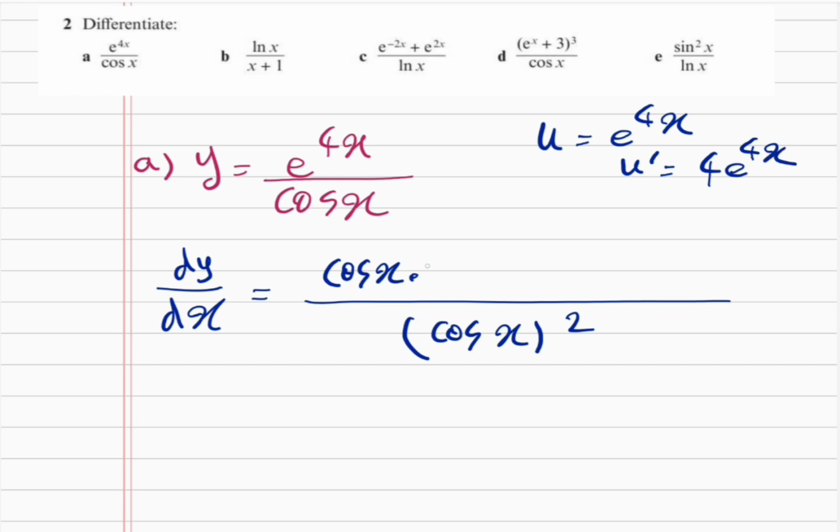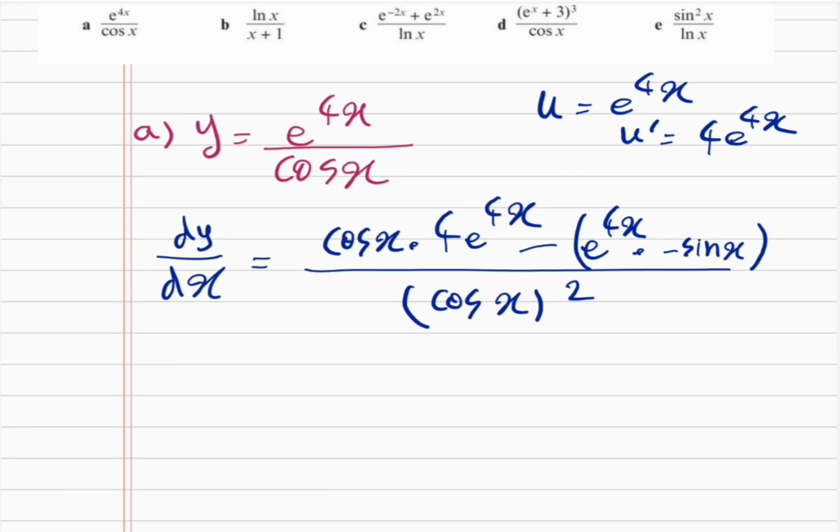So that we are going to have cos x times 4e to the power of 4x minus, now you write the function of u, which is e to the 4x, times the derivative of the denominator function. So the denominator function is simply cos x, and cos always differentiates to minus sine x. So you have minus sine x. So it's multiplication.